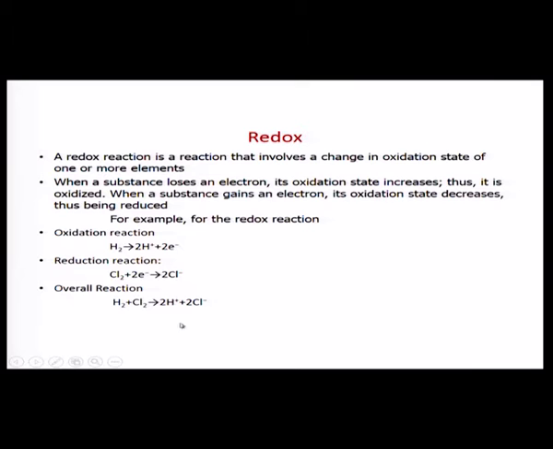If you see the overall reaction, hydrogen gas reacts with chlorine gas and forms hydrochloric acid, and this is a redox reaction, in which movement of electrons from hydrogen to chlorine takes place, and chlorine accepts the electron and gets converted to chloride ion.